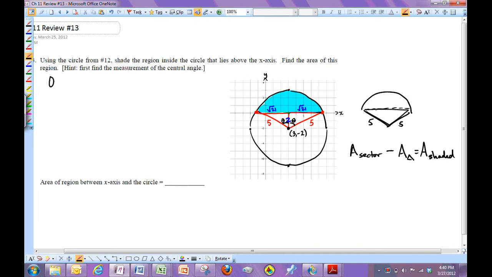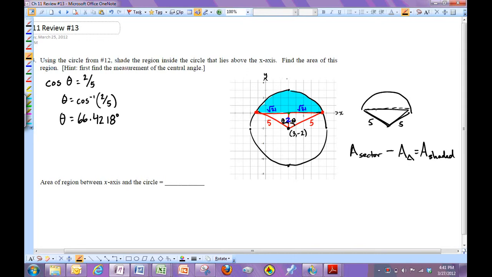So to solve for theta, I'll use the 2 and the 5, so that's the adjacent and the hypotenuse. So adjacent and hypotenuse uses cosine. So cosine theta equals 2 over 5. So theta is going to be cos inverse of 2/5, which comes out to be, let me type that in and see, 66.4218 degrees.